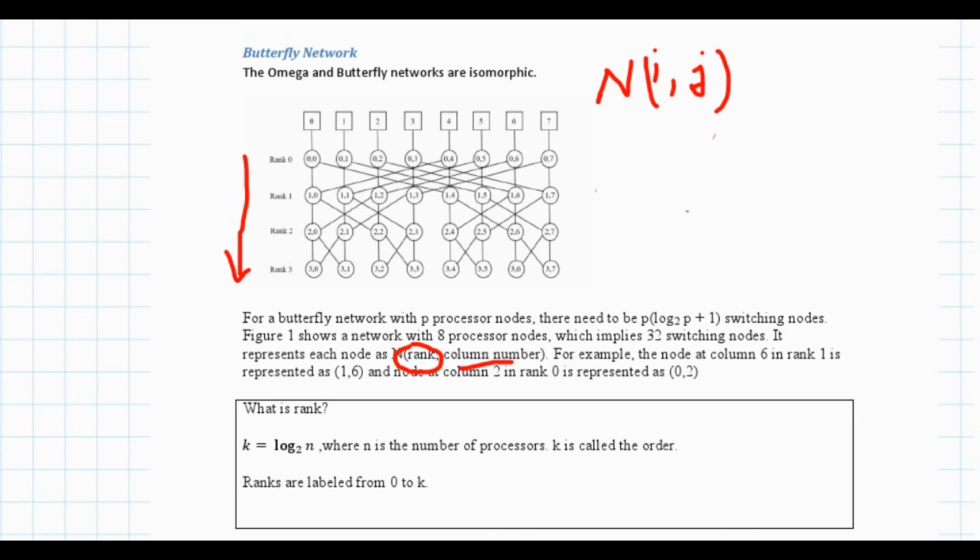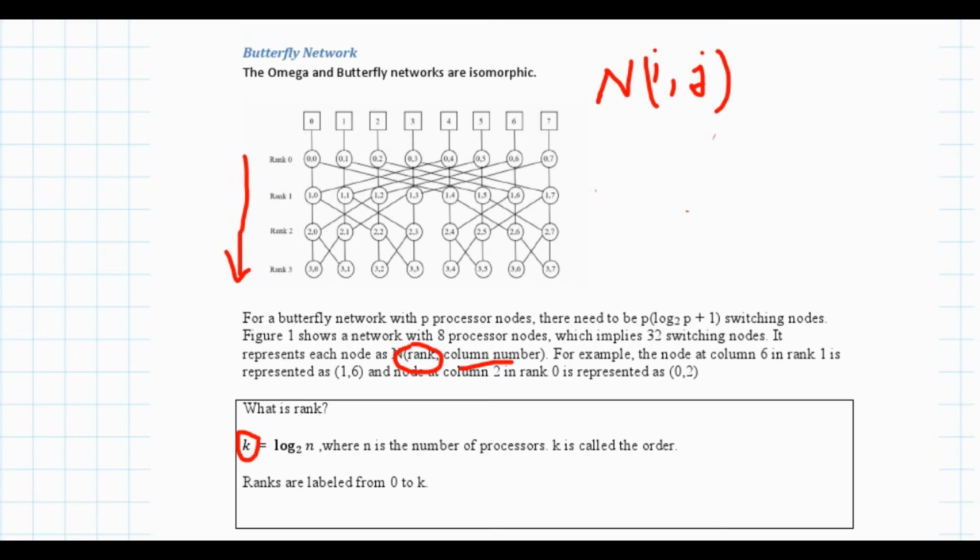First, you have to calculate the order, which is represented by k for this example, and this order can be calculated by using this formula, which goes like k equals log n base 2, where n is the total number of processors. Then k is called the order.